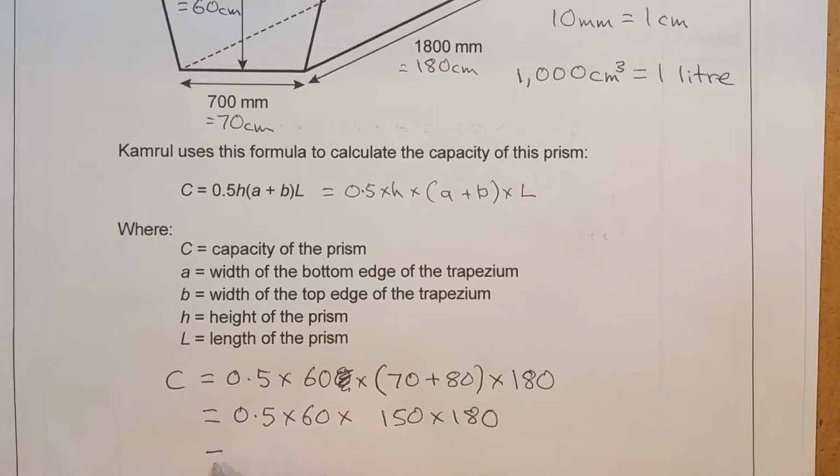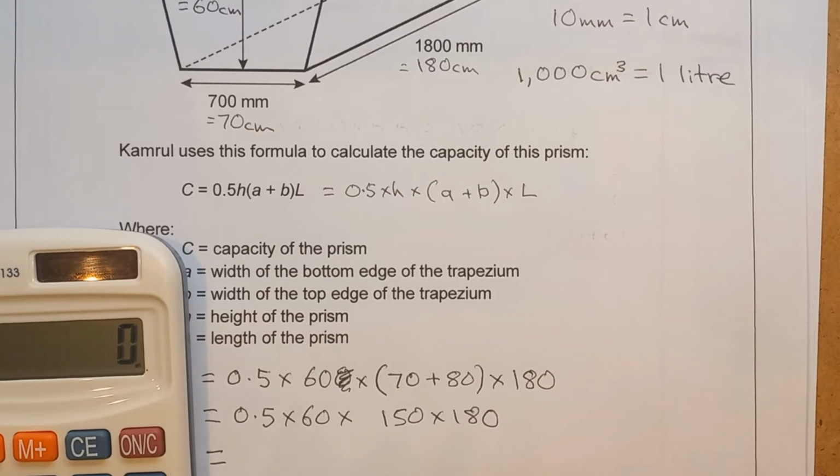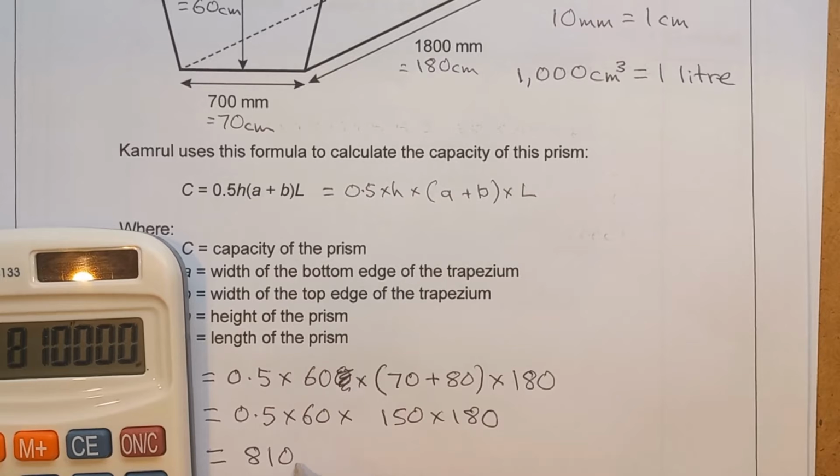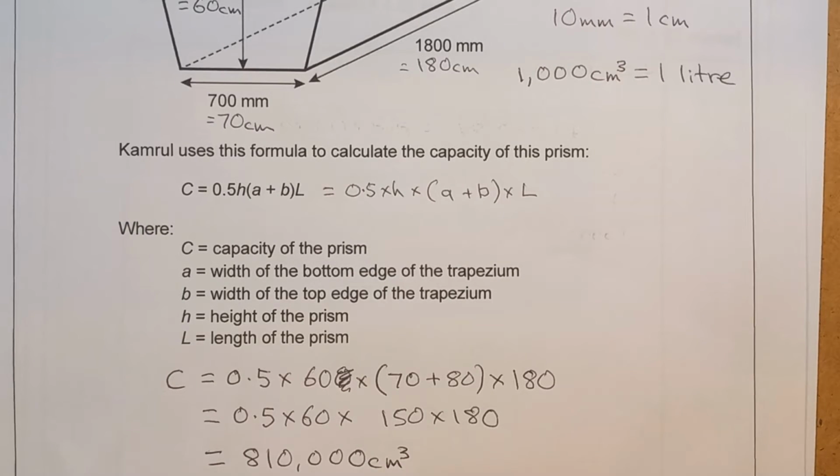I know you couldn't see that while I was talking, but hopefully you can see what we've done now. So we've got 0.5 times 60 times 150 times 180, and all of that together gives us 810,000. That's going to be centimetres cubed.